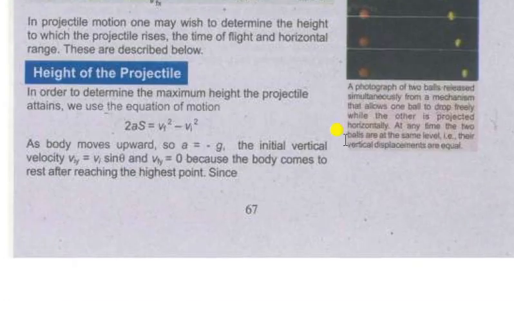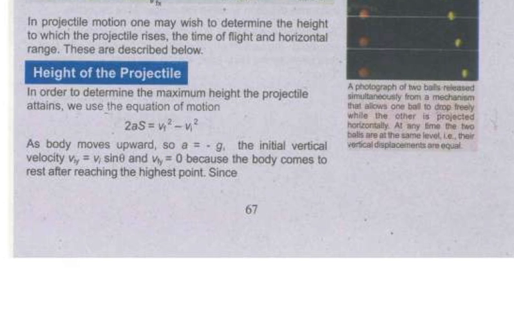So height of the projectile. In order to determine the maximum height of the projectile, we use the equation of motion 2as equals vf square minus vi square. We know that the body is moving upward, so acceleration a is equal to minus g, and the initial vertical component of the velocity was vi sin theta, and the final velocity component along the y-axis at maximum height becomes 0.